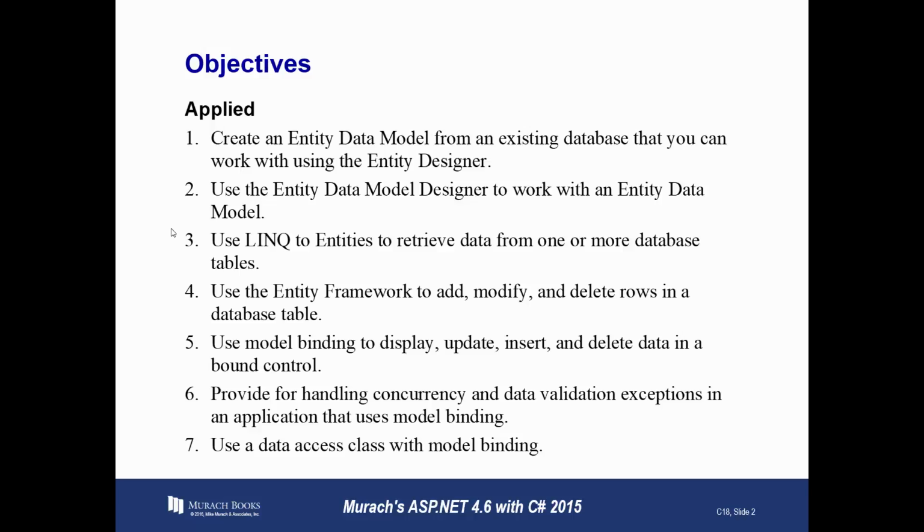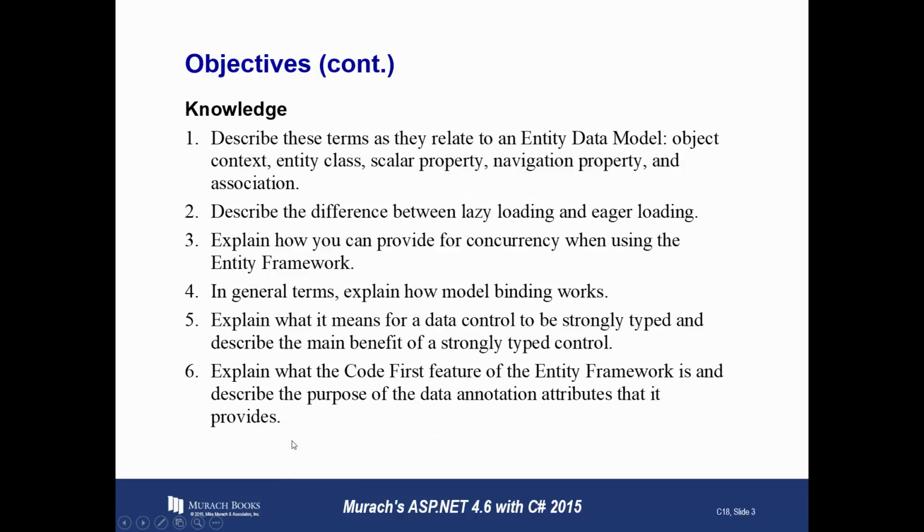Number 4, use the Entity Framework to add, modify, and delete rows in a database table. Number 5, use model binding to display, update, insert, and delete data in a bound control. Number 6, provide for handling concurrency and data validation expressions in an application that uses model binding. Number 7, use a data access class with model binding.